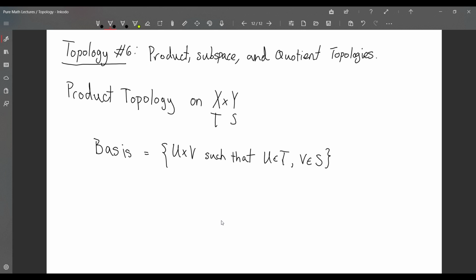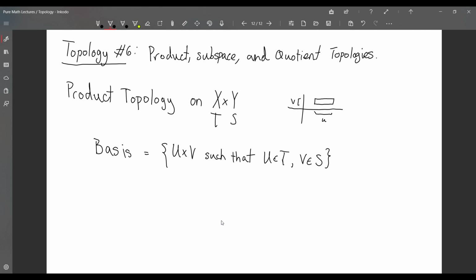So notice that, again, this is a basis for the product topology. So you're going to have open sets which aren't necessarily of the form U times V, right? Consider a plane. Imagine this is U, and then this is V. So you would have something of the form like a box.